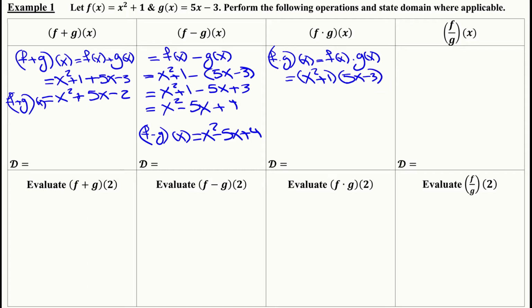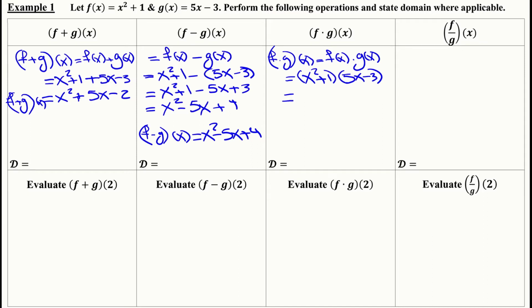So we parenthesize both of those, and now we just go ahead and multiply them in the same way that we learned when we covered polynomials. So we'll distribute the x squared into this group, and when we're finished we'll distribute the 1, then we'll combine any like terms.